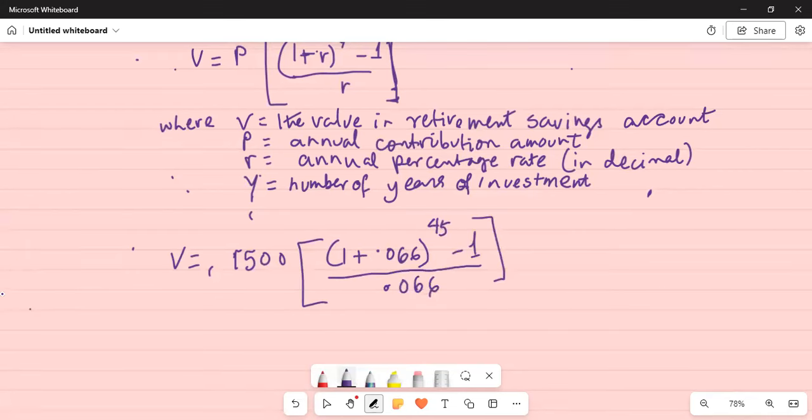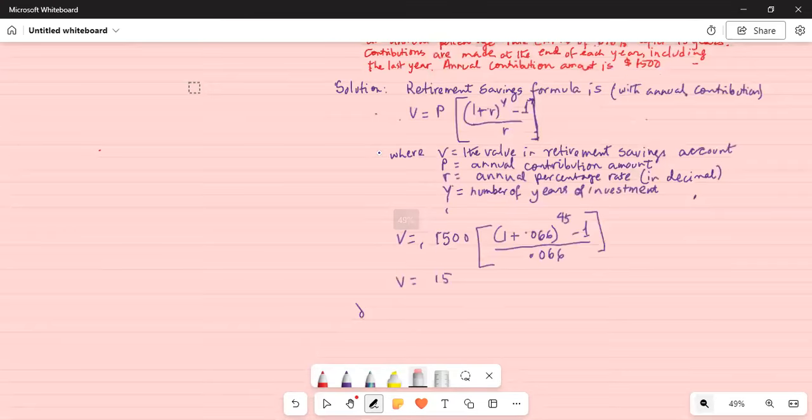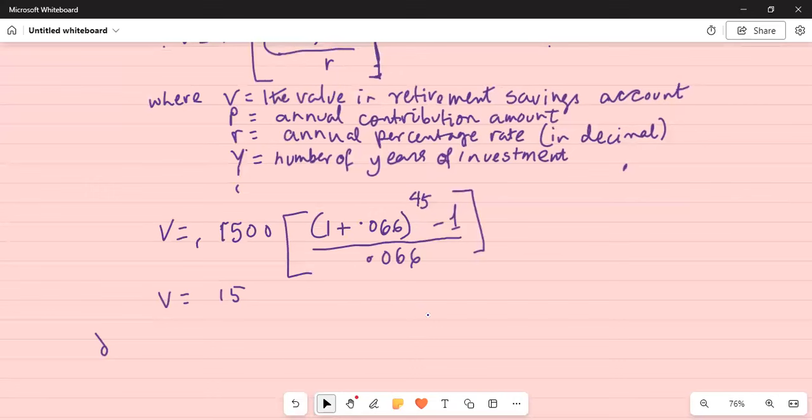So value V is equal to 1500. I'll fix this in a minute.